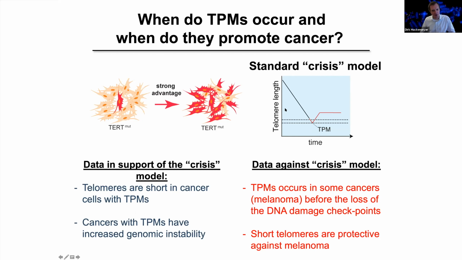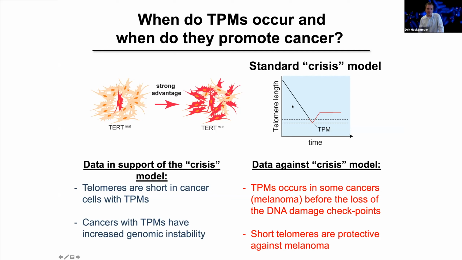The other thing that argues against this very simplistic model here is that short telomeres are protective, particularly in, for example, melanoma. And that argues against the idea that the frequency with which cells enter crisis should be a positive selector for the indication of TERT promoter mutations.